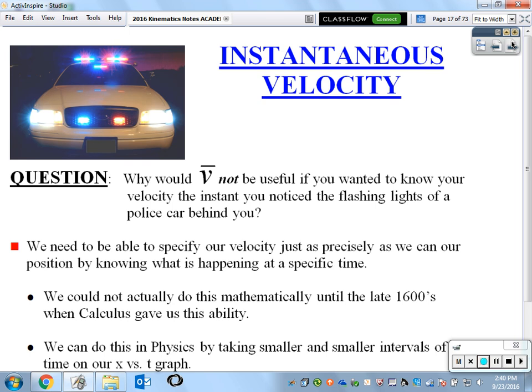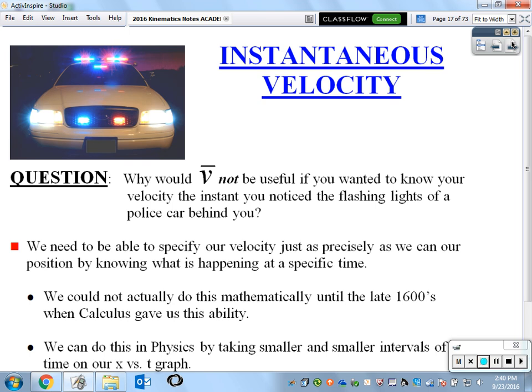Well, officer, I know at the moment that I passed you, I was going 25 miles an hour over the speed limit, but I was sitting at that stop sign for the previous 5 minutes. So if you take my average velocity over the last 7 minutes, you'd actually find that it would be lower than the legal speed limit. Do you think that the officer would be very understanding of your explanation of average velocity? Of course he will. Depends on the route. What will probably happen is, that's nice, here's your ticket. So there are going to be instances when average velocity probably isn't going to help you out.